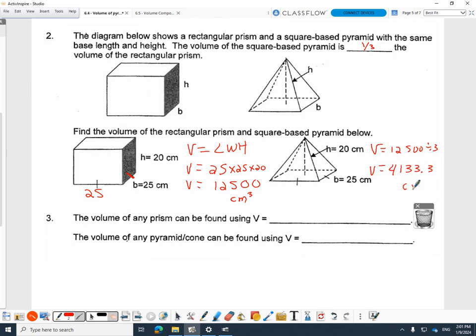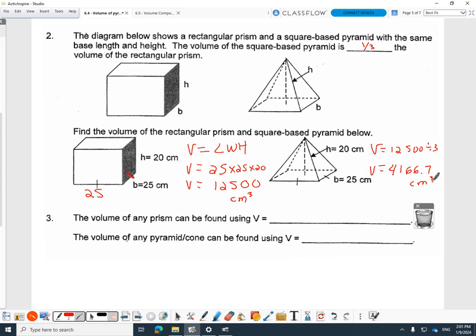Who's got their calculator to see if Mr. Todd is any good? Oh, it's wrong. It's 167, isn't it? Oh, jeez. Maybe I am getting old. 166.7. 4166.7? Yeah. I know it's 6s, but I rounded it to 7.